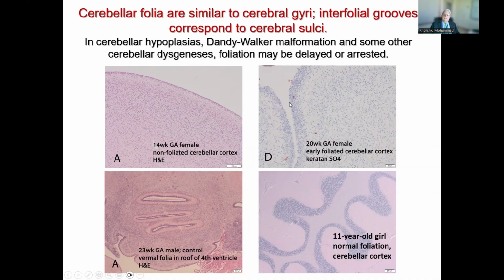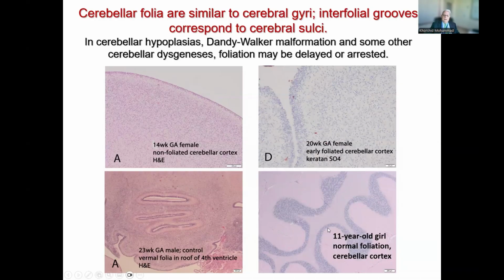And at 20 weeks gestation, we can see some early foliation of the cerebellar cortex, similar to what we saw in the cerebral cortex with sulci. In the lower left-hand panel, you can see the same thing happening with the formation of folia in the vermis, fourth ventricle at the bottom of the slide here.